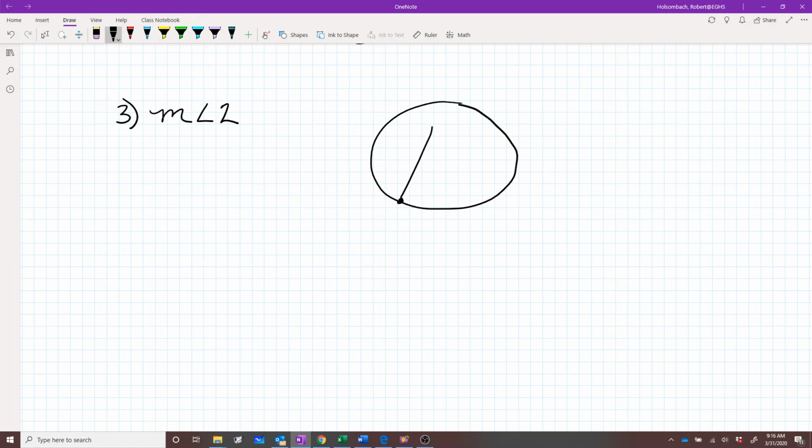Practice problem number 3. Find the measure of angle 2 for this circle. Point of tangency is B. Here's your angle 2. And an arc of 146.